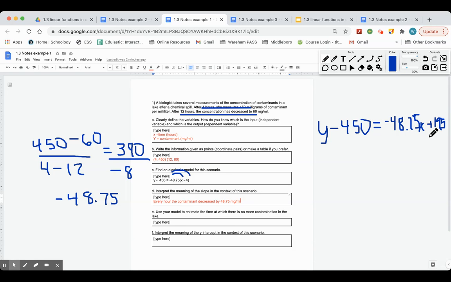Okay, so from here, I'm going to just add 450 to both sides. I get y equals negative 48.75x plus, I'm going to add 450 to the 195, and then it equals 645.